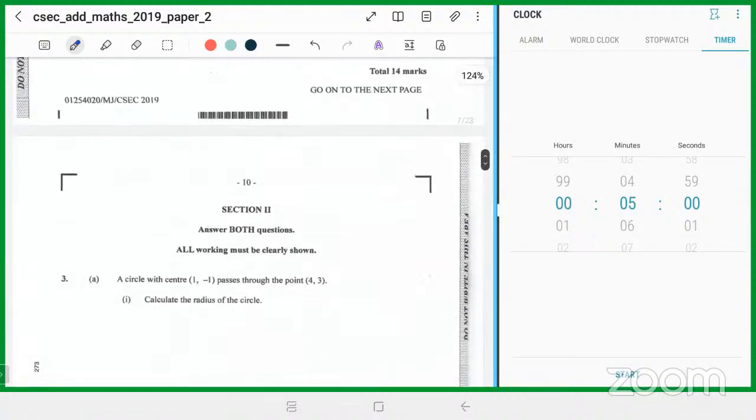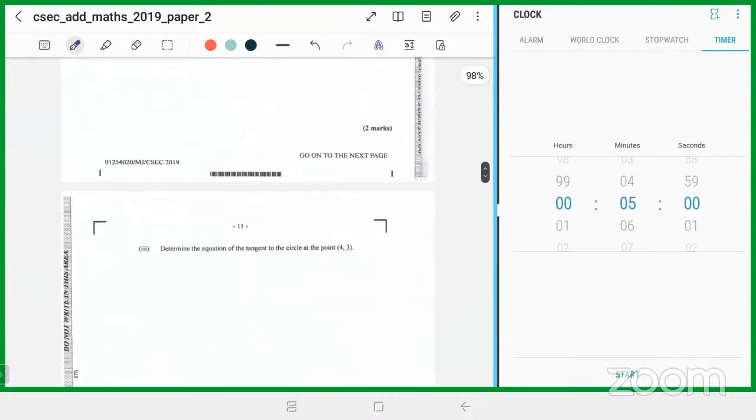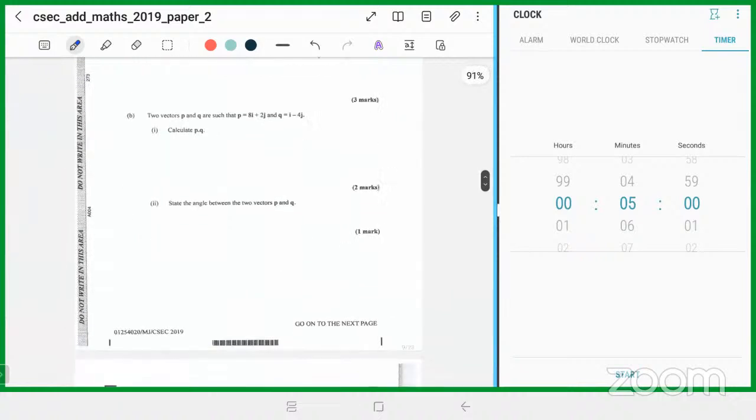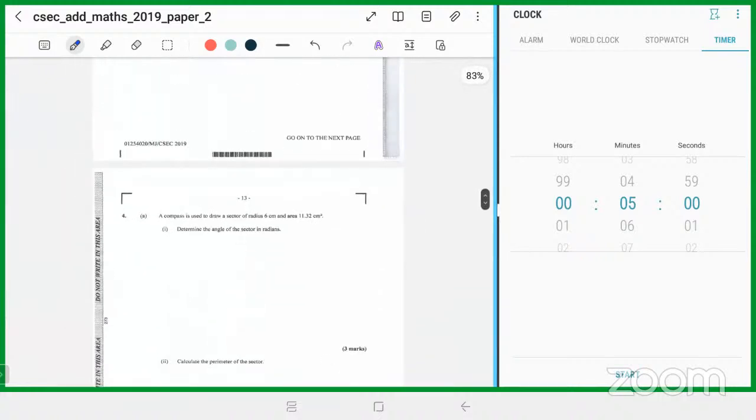All right, I'm going to go back to the pure maths paper now, 2018. Let's find 2018.